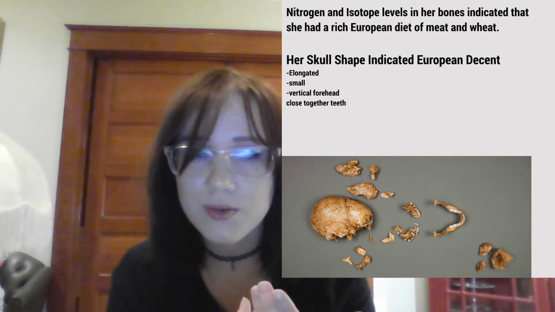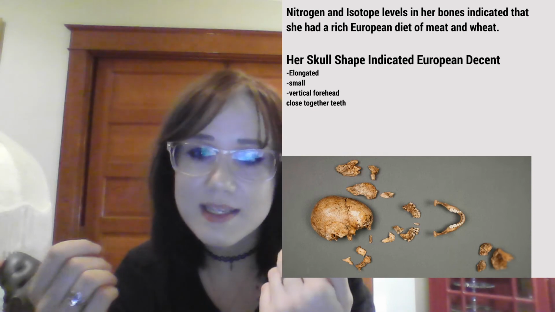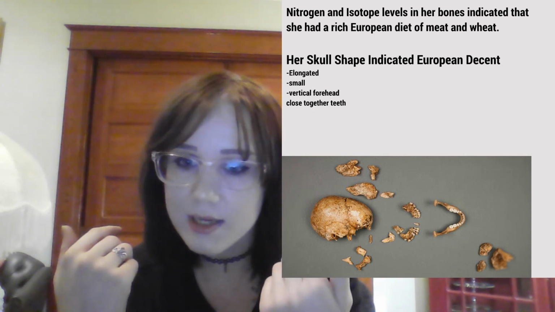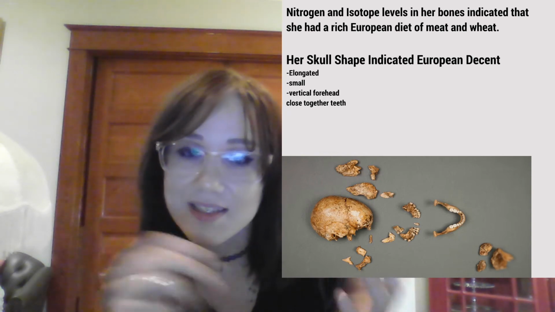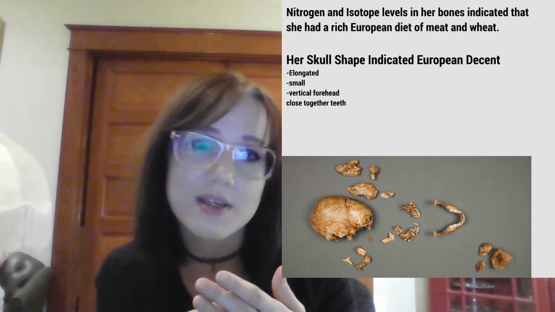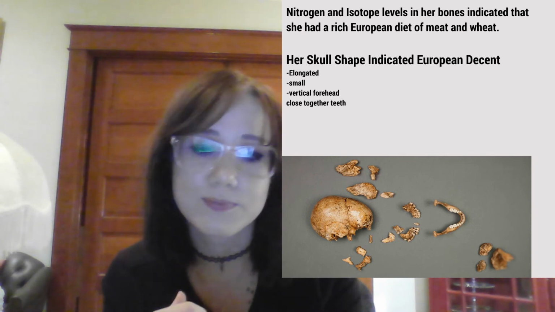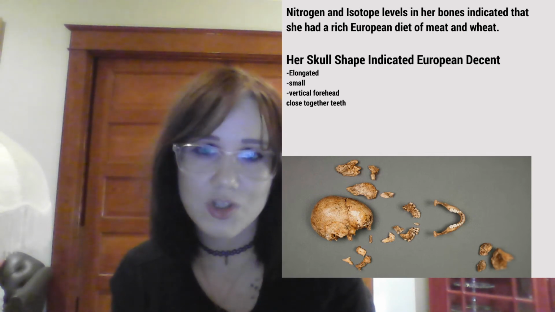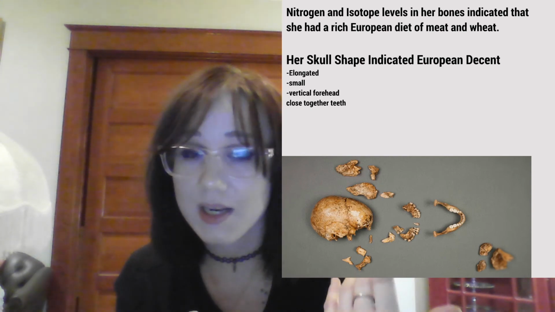And they also usually have circular orbits with square margins in their eyes, and these are commonly referred to as aviator glasses. While, let's say that she was Asian, she might have shovel teeth, a smaller head, and just circular orbited eyes.